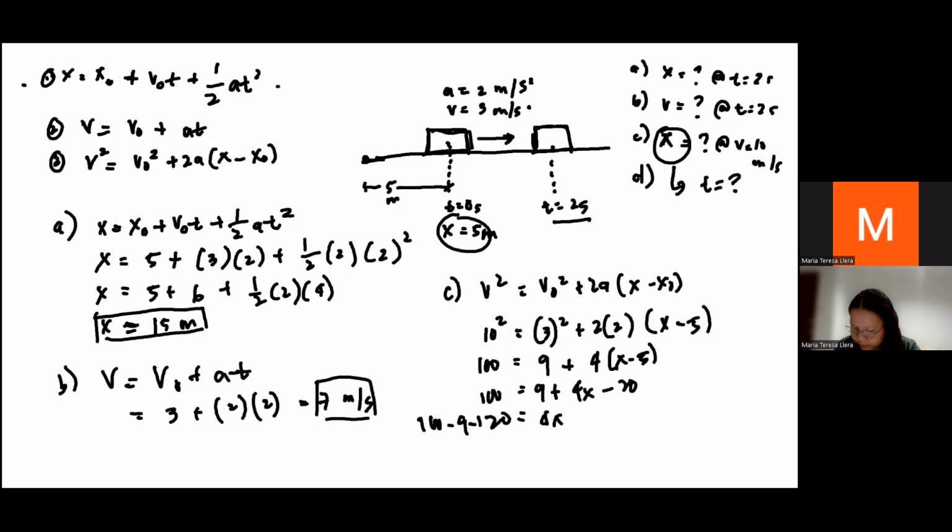So 4x equals 100 minus 9 is 91 plus, sorry, this should be plus 20 is 111, right? So x, divide 111 by 4, that would be 27.75 meters. Okay, so this is the answer. So at velocity equal to 10 meters per second, the block should be at x equals 27.75 meters.